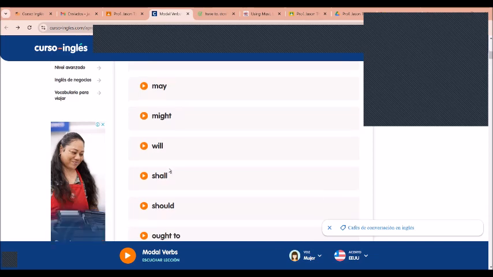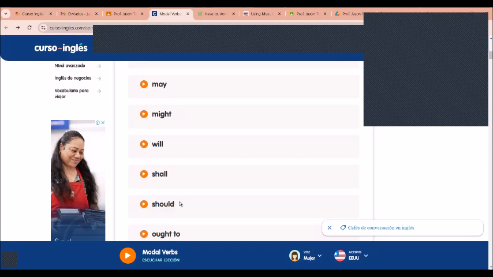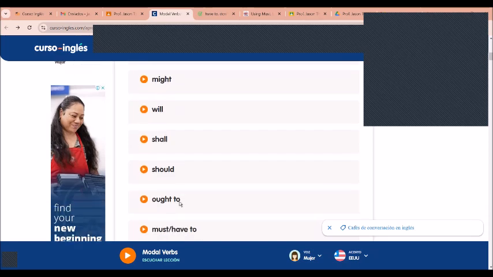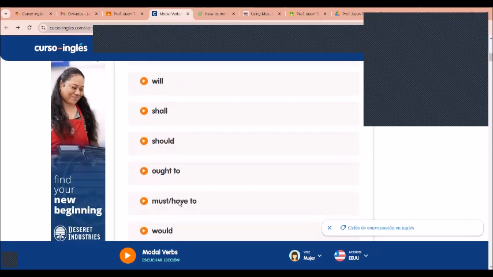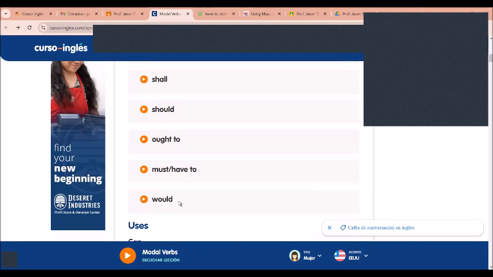So does shall. Should, as we'll see, is usually used for recommendations. Ought to as well. Must and have to for obligations. And would is a little polite or conditional phrase. So we're going to go through a little bit more and then we will definitely dive in more closely to the ones that we need for the unit.